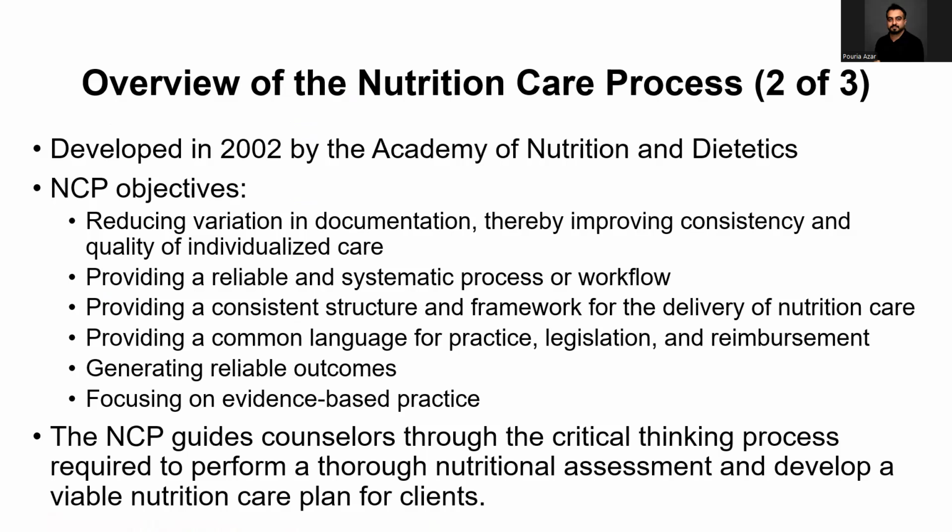It provides a reliable and systematic process or workflow. It provides a consistent structure and framework. And it provides a common language for practice. It generates reliable outcomes and it focuses on evidence-based practice.